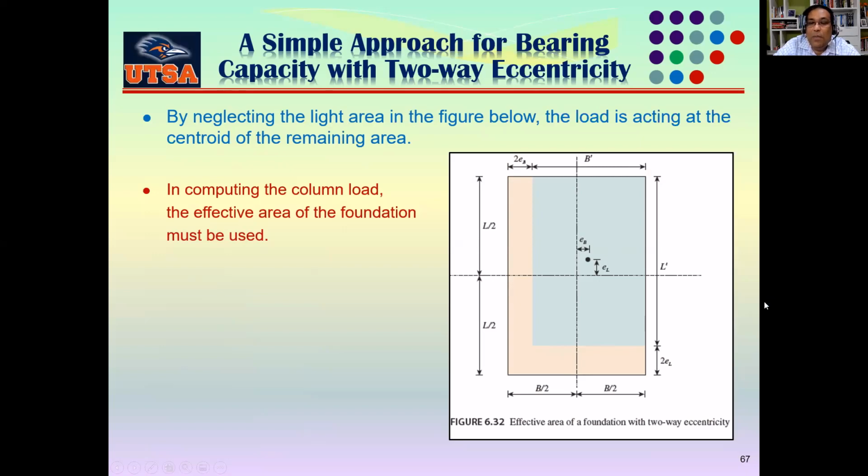Your effective B is B minus 2E, and your effective L is L minus 2EL. Once you get that, you use this as a rectangle. So the effective area would be B prime into L prime, and then use the same thing in your ultimate general bearing equation, and find out the overall capacity of the foundation.